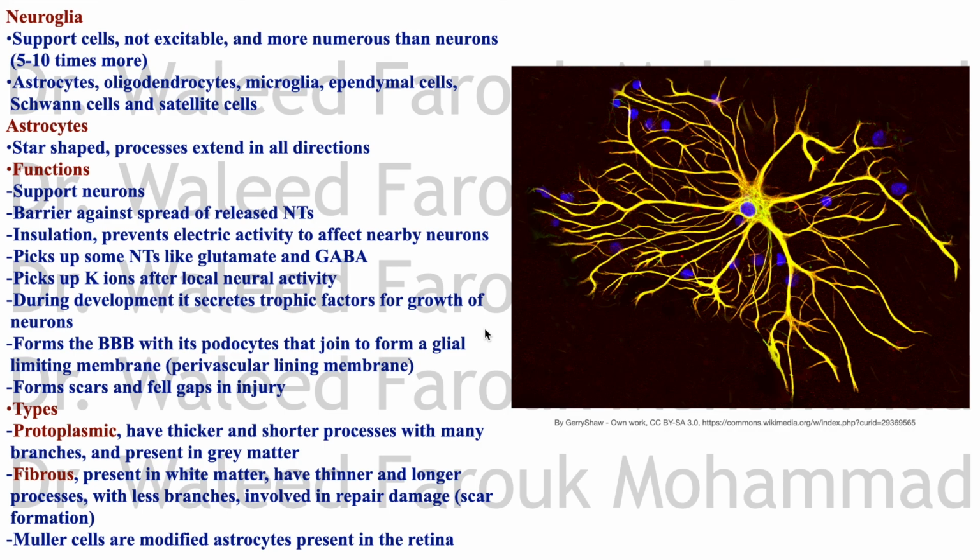They form an insulation that prevents electrical activity from affecting nearby neurons. They also pick up some neurotransmitters like glutamate and gamma aminobutyric acid.